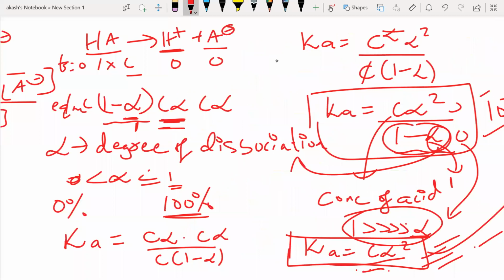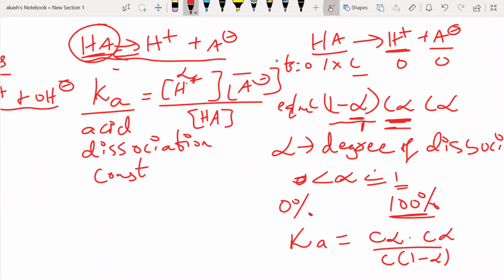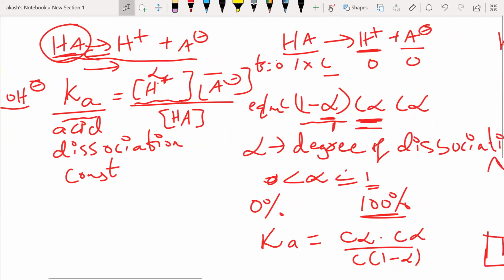Obviously, more and more H plus concentration will come when this reaction goes more and more in the forward direction. That means more dissociation is happening, and that's how we see the strength. The more the dissociation, the more the strength of the acid. So more dissociation means more H plus ions and a larger Ka. That's why we say strength is directly proportional to the Ka value.